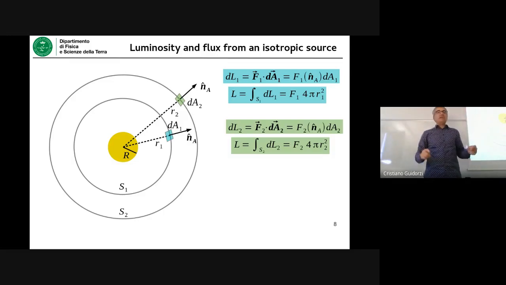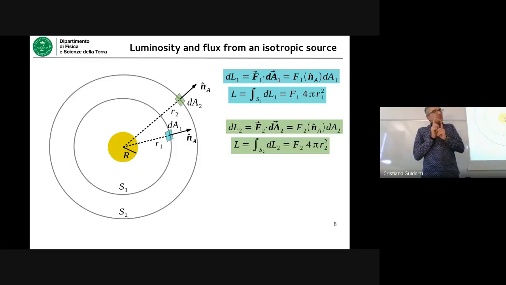So conservation of energy requires that the same amount of energy coming out of surface S1 is the same as the one coming out of surface S2. So the luminosity is just the total luminosity of the source, which is the same. It doesn't depend on the distance that you consider to measure. The same amount of energy is spread.